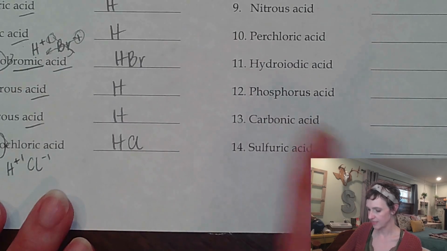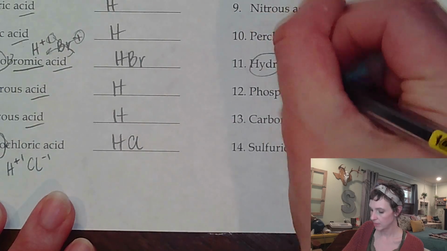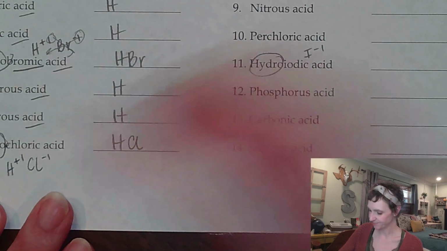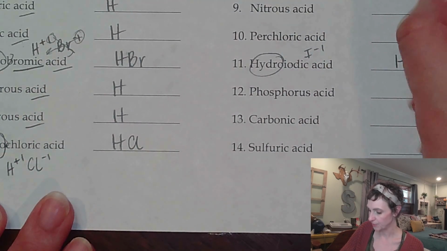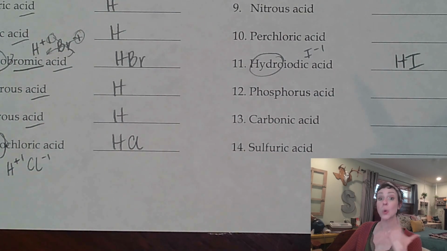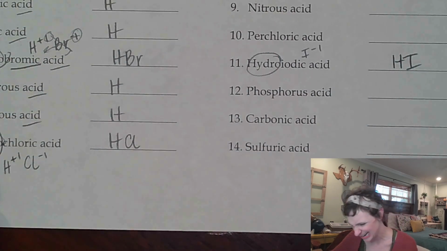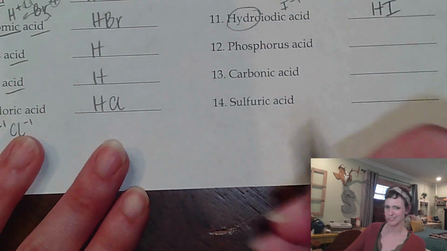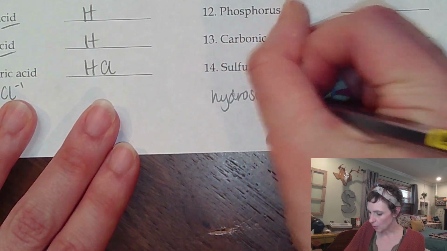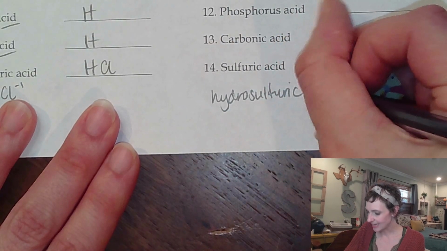And then I got hydroiodic, so that is iodine. So I would have a 1-to-1 ratio of HI. Sometimes I could do hydrosulfuric acid, and I kind of wish that was on here. Let's do that here at the bottom. Hydrosulfuric acid.